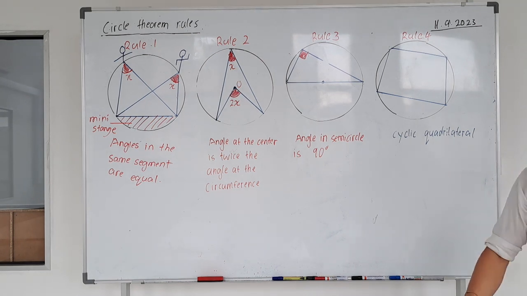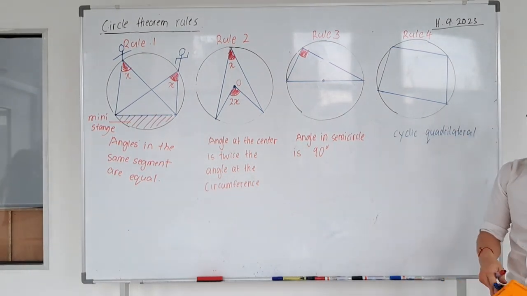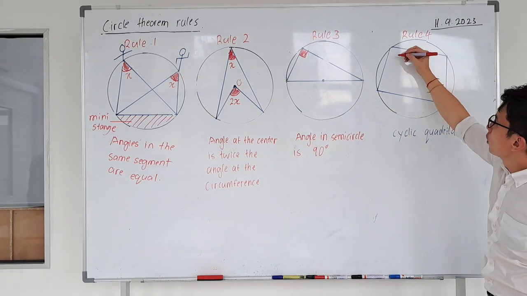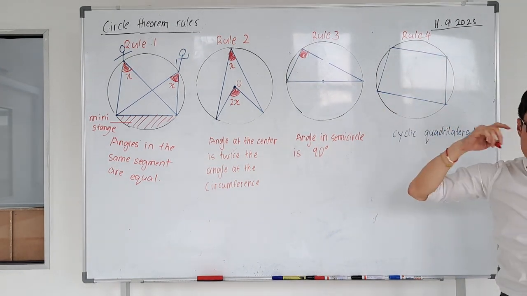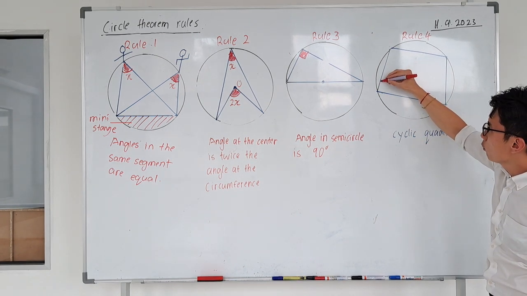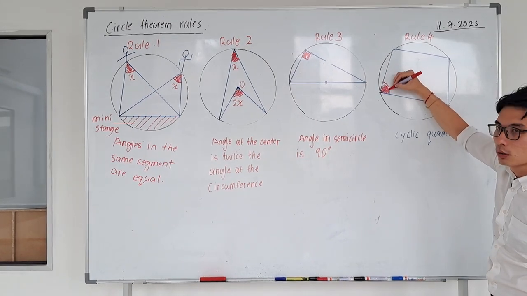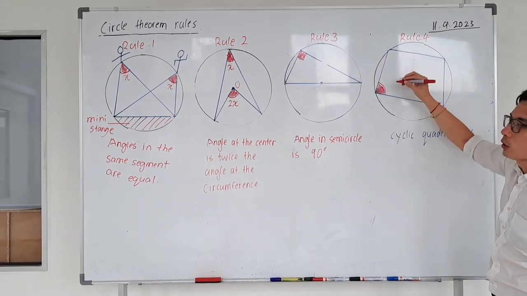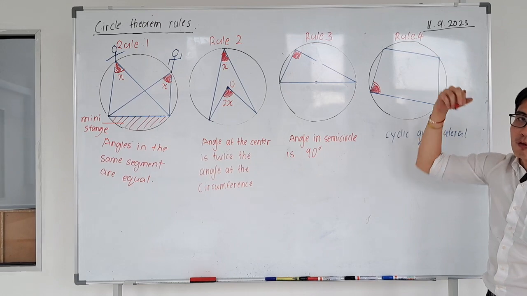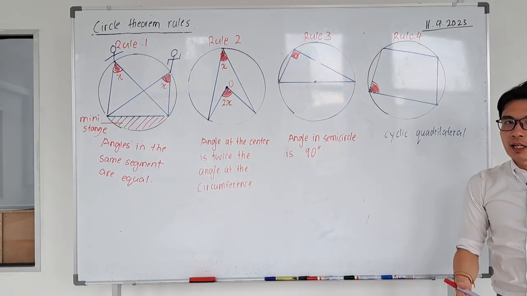Okay. So what I would like you to try over here is to measure the angles which are opposite each other in the cyclic quadrilateral. So for example, if you were to measure this angle over here, I would like you to try to find a relationship between this angle and its opposite angle.